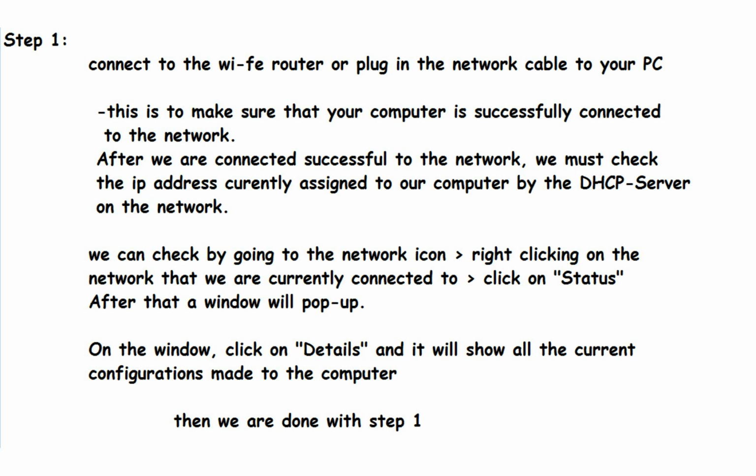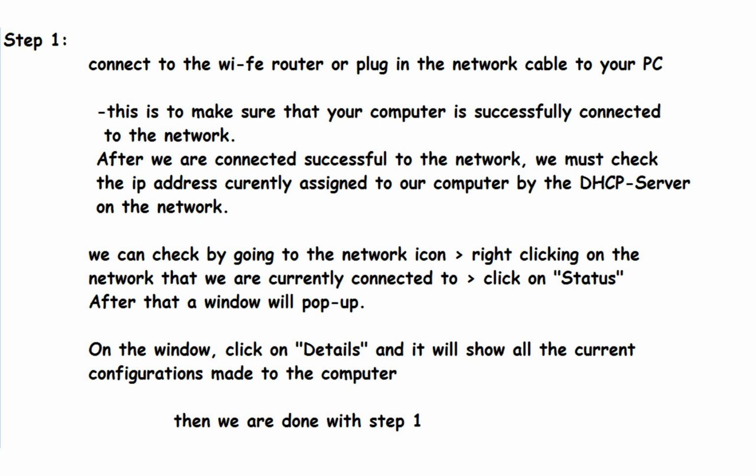So we can manually configure it to another IP address, or we may want to make our IP address private on the network. Firstly, we need to connect the Wi-Fi router, or the network cable, to our computer. This is to make sure that your computer is successfully connected to the network.